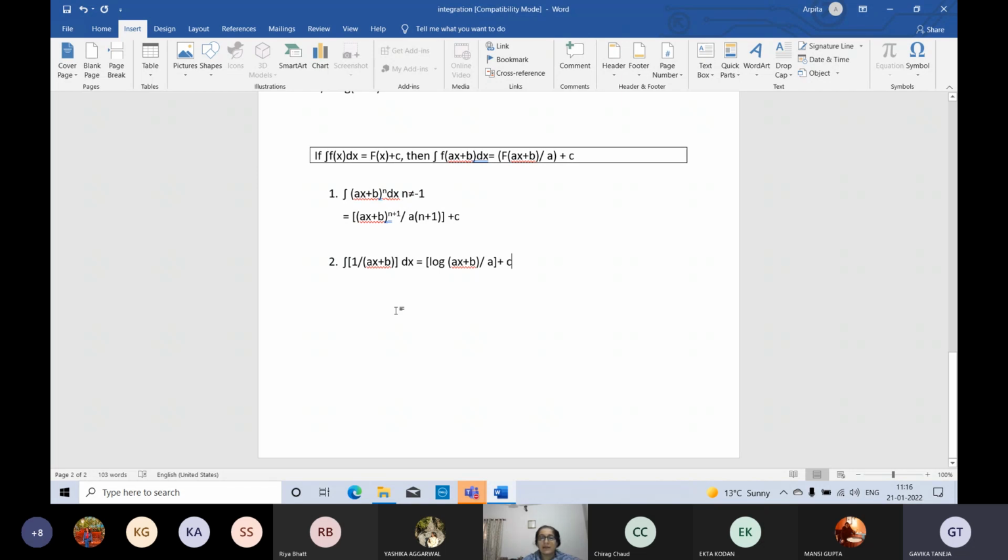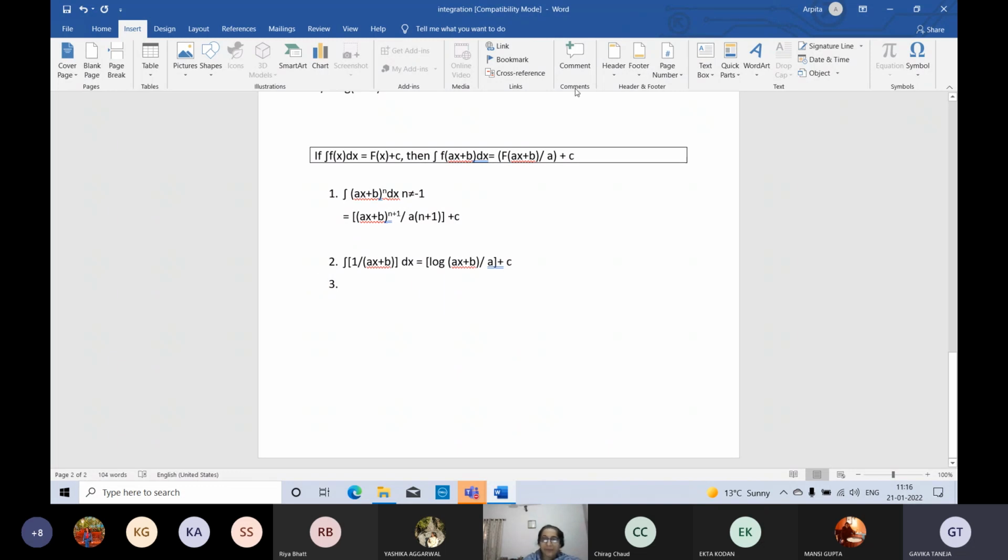Right? Is this clear? I repeat. So integration of 1 upon (ax plus b) is equal to log of (ax plus b) upon a plus c. Another one, third one. We have two more actually.